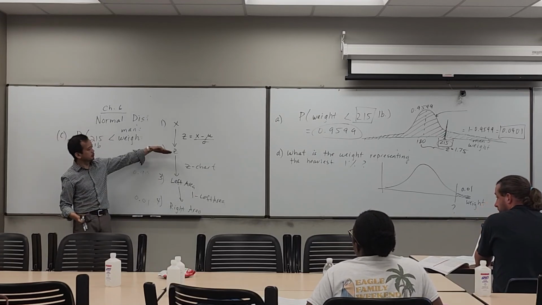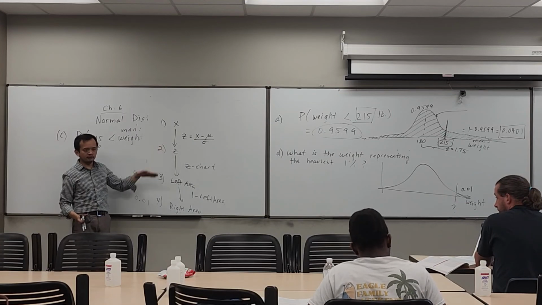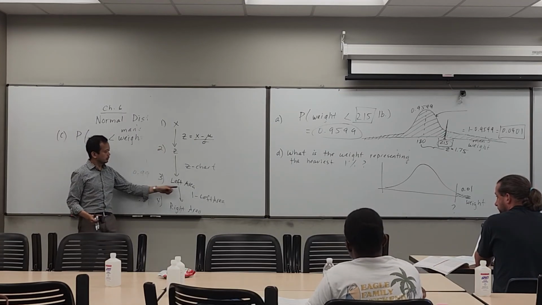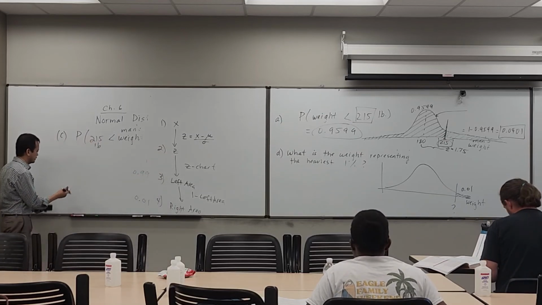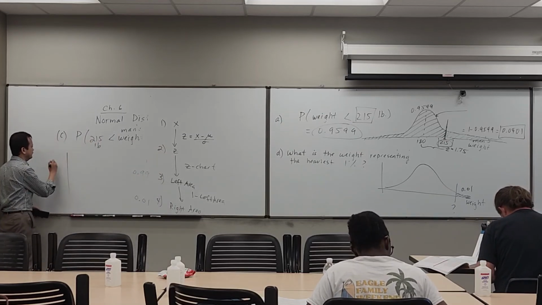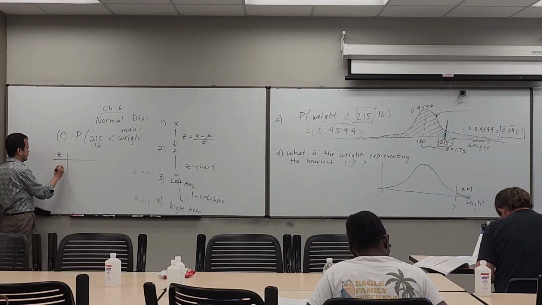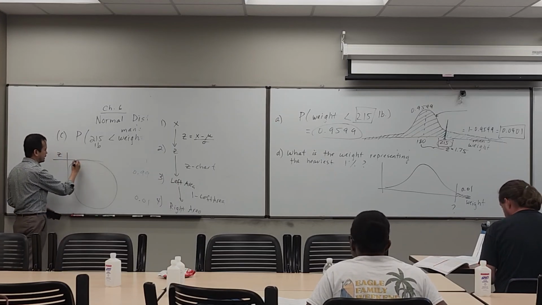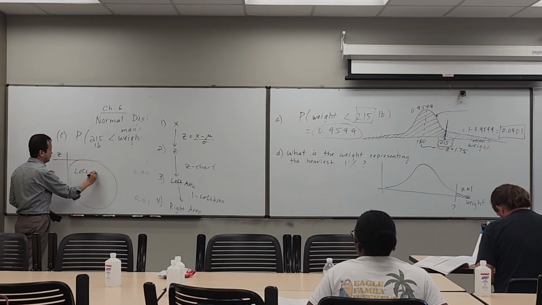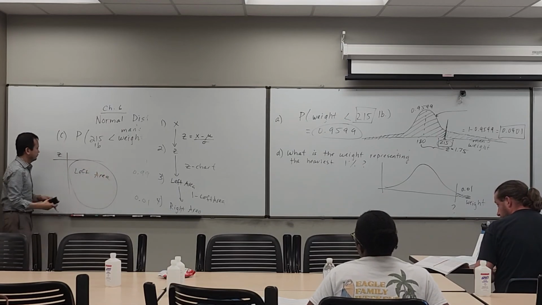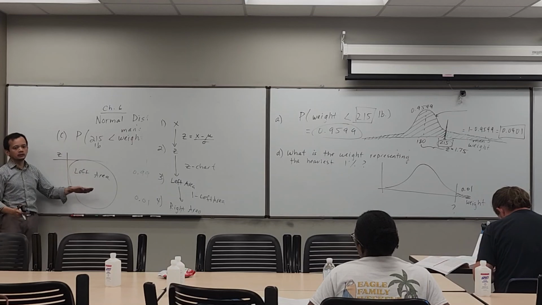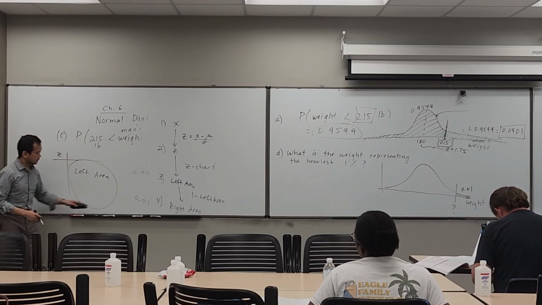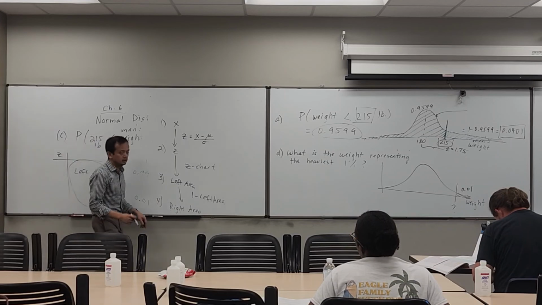That's left area, so now working backwards, next step is find the z-score. So we want to go from the left area to the z-score. And remember the way the chart is laid out is first column is z-score, and all the middle numbers represent left areas. Before, we started at the first column representing z-score to find the left area. Now we're going to start in the middle that represents a left area to find the z-score. So let me project that up.